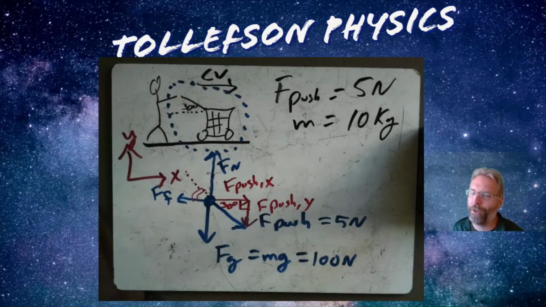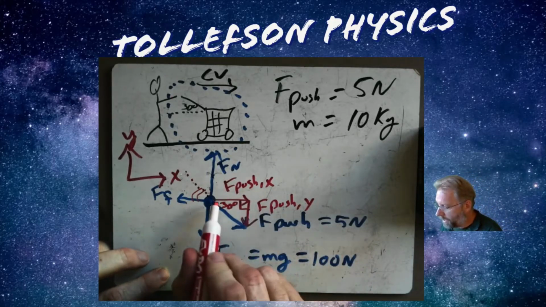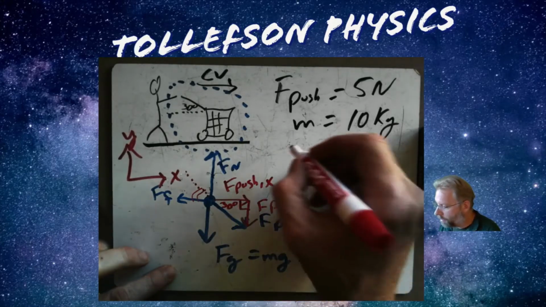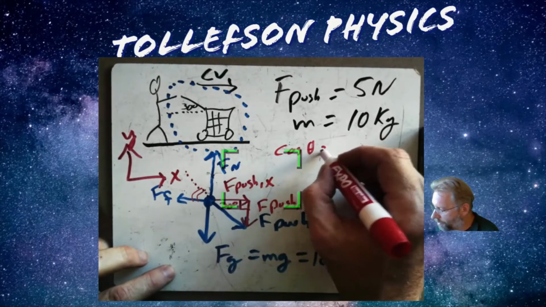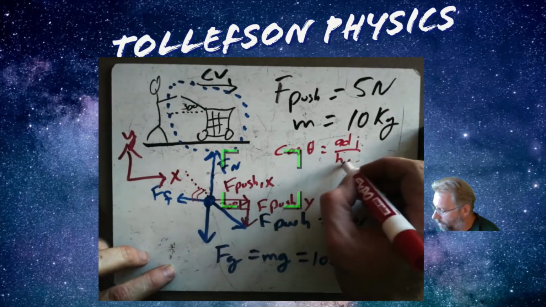So you're going to have to remember some of that geometry knowledge and properties of triangles and lines and stuff like that to figure out your angles. And then you're going to use sine, cosine, tangent to figure out what's going on. So this push is the adjacent, and I know the hypotenuse, right? So technically adjacent, that's cosine theta, I'll just write it in general terms, is adjacent over hypotenuse.